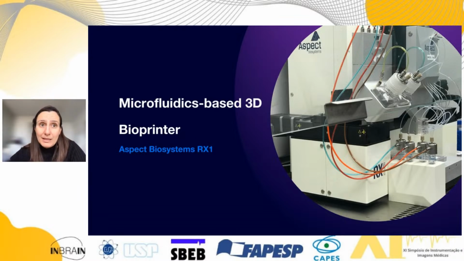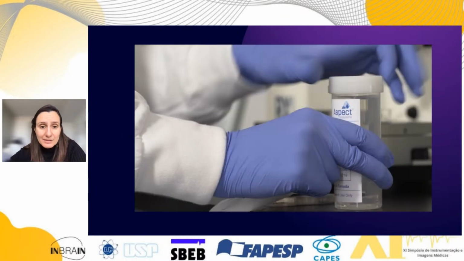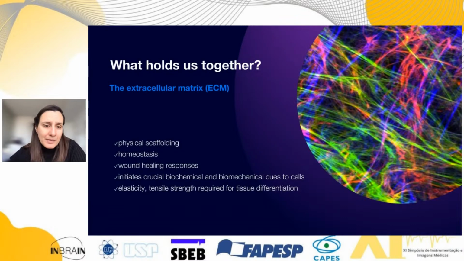So basically we are playing with the flow of these liquids in a very, very tiny volume and controlling how they interact with each other. And with that, we have a little more control over, for example, the gradients, and we can reduce the shear stress on the cells. We have them surviving a little better this process of being printed. And yeah, so this is my video, but unfortunately it's not gonna play.